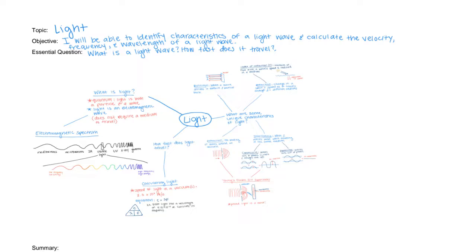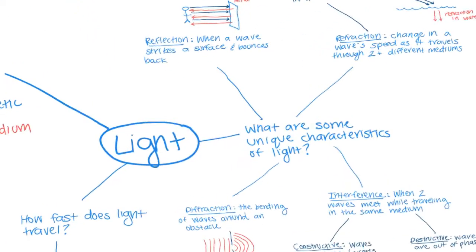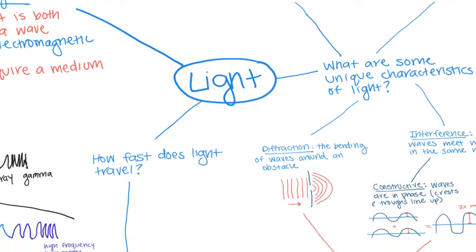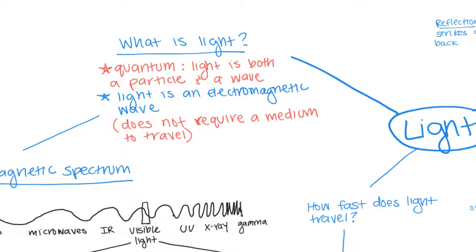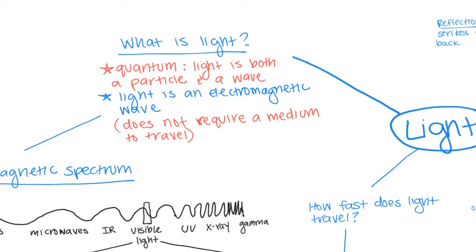So we're going to zoom in a little bit on our mind map notes, and let's just start off with that simple question of what is light? All right, so there are different theories that have tried to understand what light exactly is.